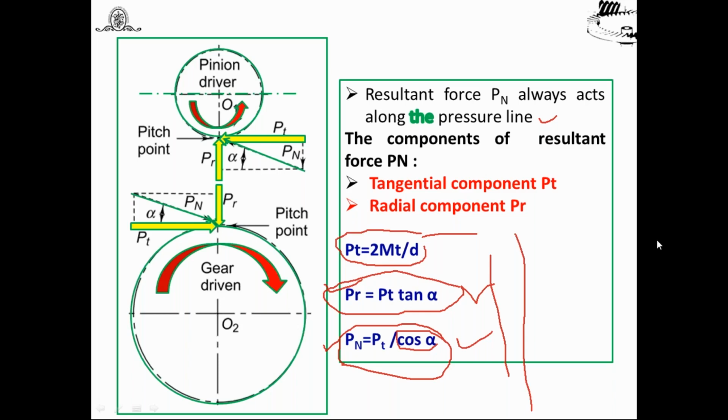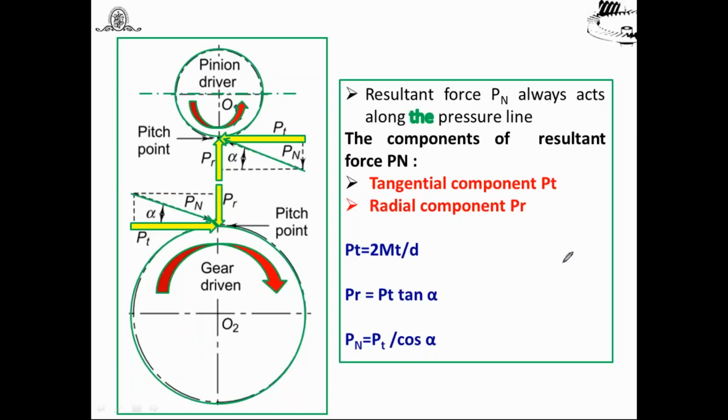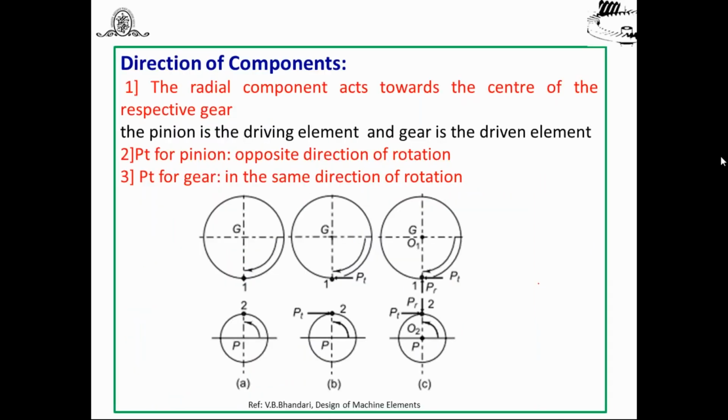Just to have a recap, you already studied how to decide the direction of the components. The radial components always act towards the center. Look at this: the pinion rotates anti-clockwise, and here the gear is clockwise. The radial components act towards the center of the gear and towards the center of the pinion also. So you can write here PR and here PR.